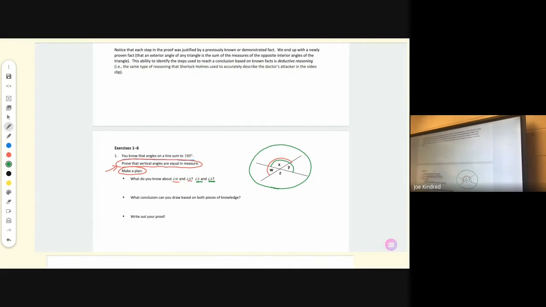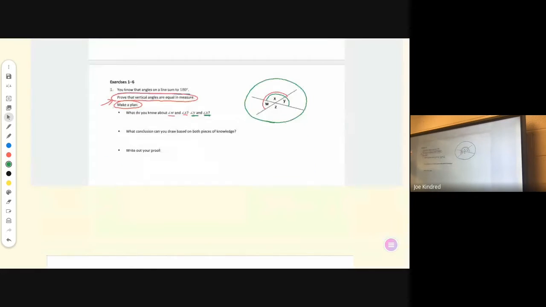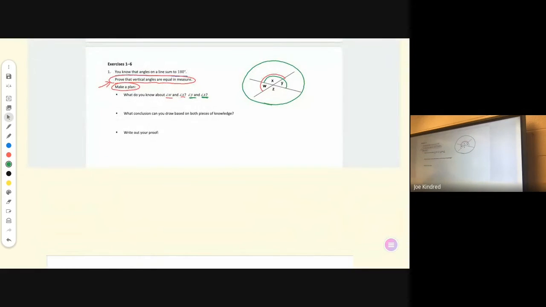So let's write this proof out. And let's continue with the idea that we're going to do a two-column proof. So first, I write my two columns. I'm going to put statements here and my reasons here. Statement number one is, I'm just going to abbreviate, angle W plus angle X is equal to 180.